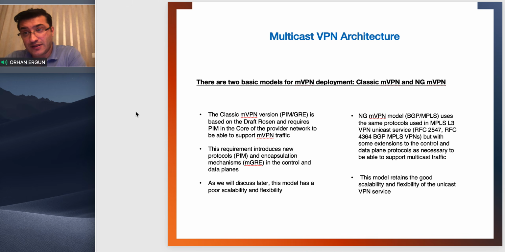There is a model we call IR, ingress replication. Ingress PEs will do the multicast replication. In that model, those P routers don't need to run multicast at all. You can hide lots of state information. So great, but there is a trade-off.